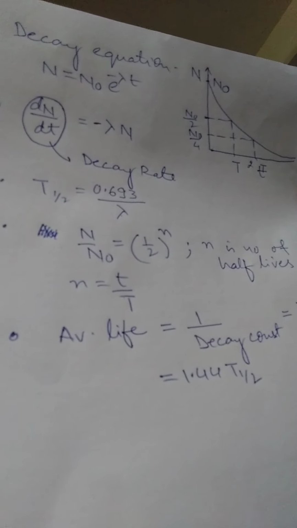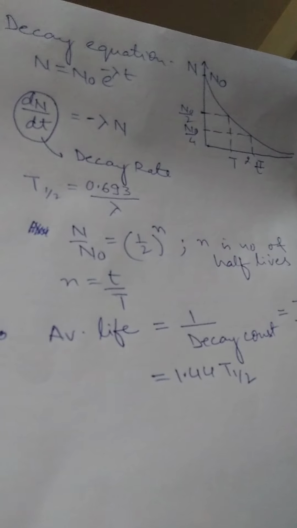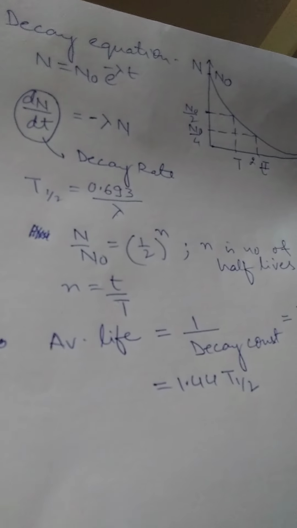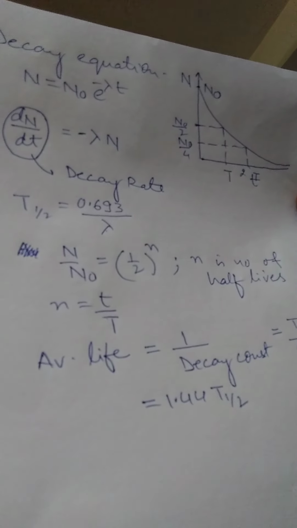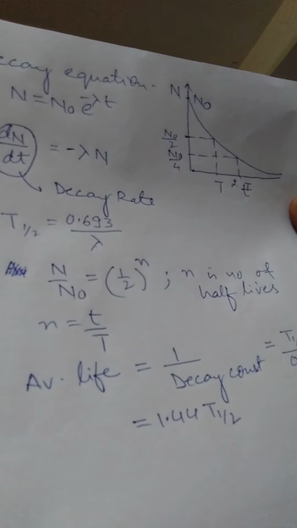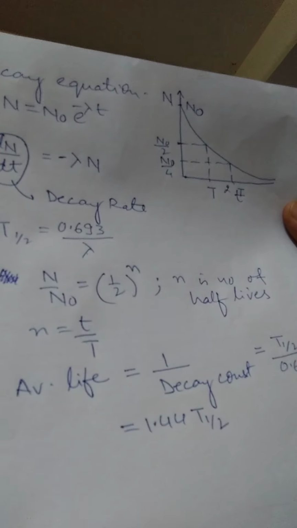So number of atom left is 1 by 4. Half life period I have said 60 days. So after how many days will it happen? So N by N naught, you will place 1 by 4 is equal to 1 by 2 to the power n. Alright. So 1 by 4 can be written as 1 by 2 to the power 2.